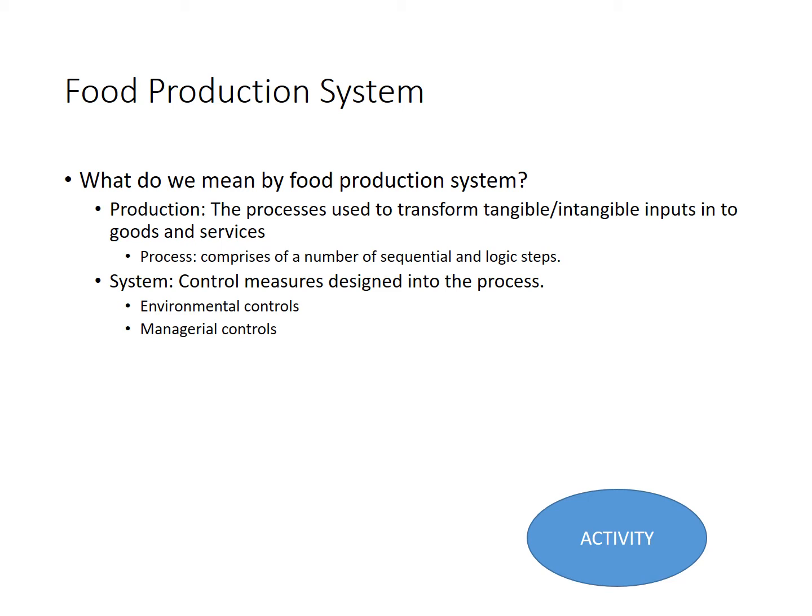The system, control measures designed in the process, environmental controls, managerial controls, and this food production system kind of leads into, and has an effect also on FAM in terms of what we looked at previously in terms of the room, the meeting, the product, the atmosphere, and the management control. So the management control systems will be linked to all of these, which will be linked to the waiters and waitresses serving the end consumer, the customer.